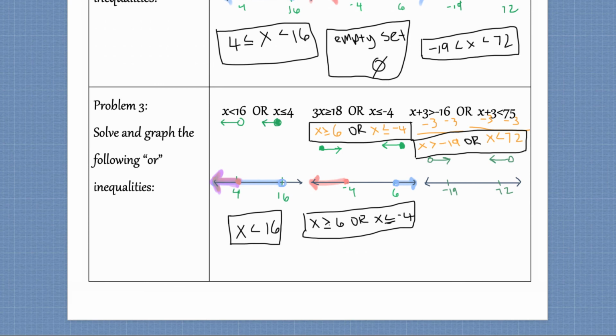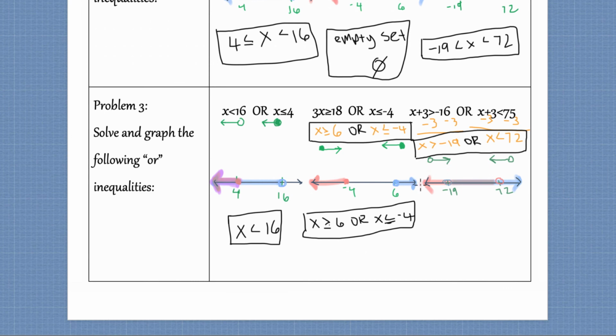Now I'm going to graph these on the number line. So now, when we solve OR compound inequalities, we look at both graphs and we take the solutions from both of them. So if we look at this graph right here, you see everything on this number line is shaded, which means that everything is part of the solution.